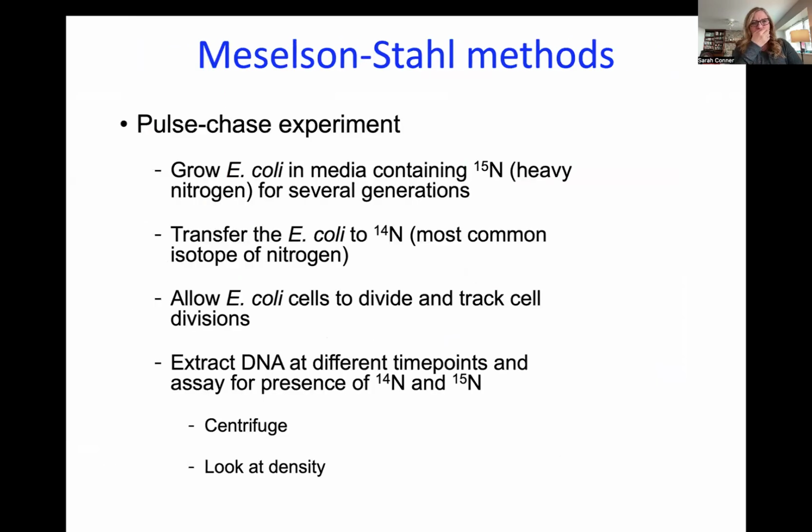In this experiment, again, they used the heavy nitrogen for several generations. They used the most common isotope of nitrogen, and then they allowed those E. coli cells to divide and tracked cell divisions at the same time. And then they extracted the DNA at a certain time point, put it in a centrifuge, and looked at the density to see how it was working.